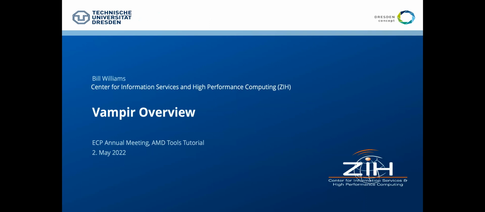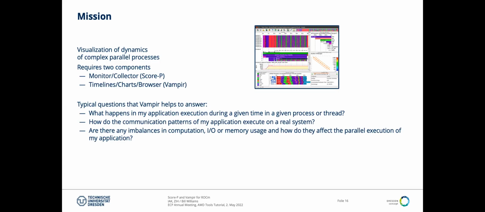So Vampir is a trace visualizer. And what we want to do is show you the dynamic behavior of complex parallel processes. We collect data with Score-P as a trace, and then we visualize it in Vampir. And you can see this screenshot on the right with a bunch of our standard useful views of the application.